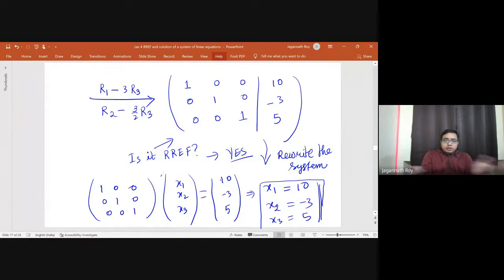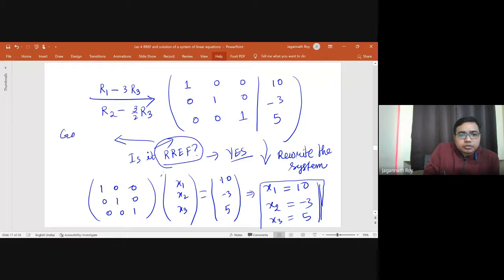Now it may be asked, so what is the benefit of finding this? This process of finding RREF is known as Gauss-Jordan elimination.